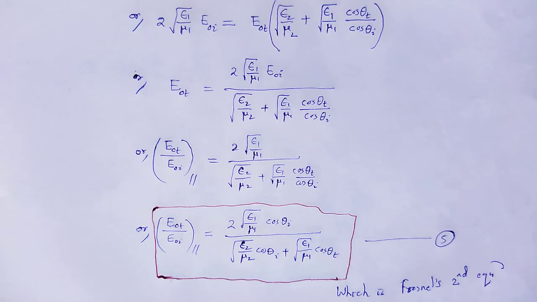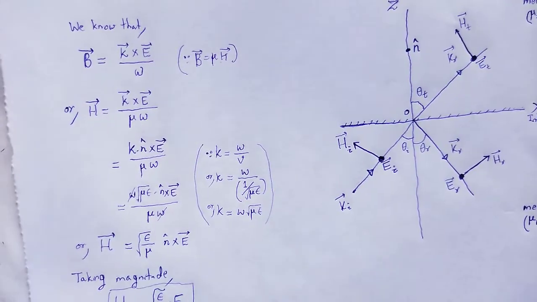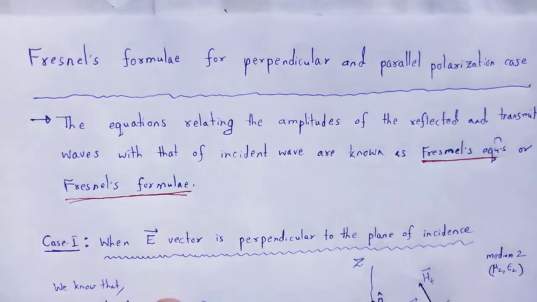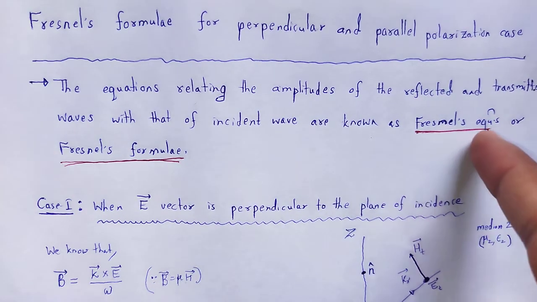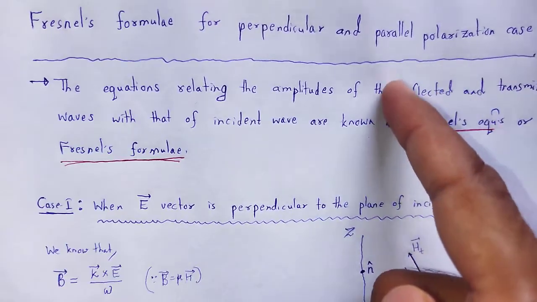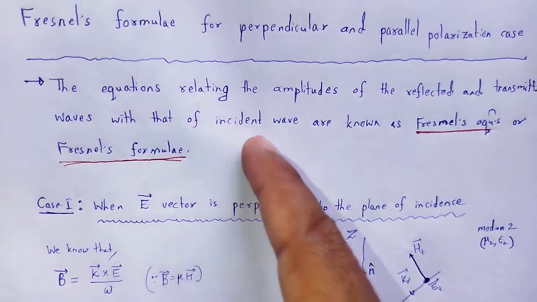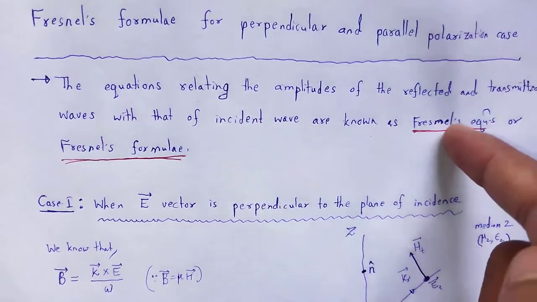So with the help of this video lecture, we understand the concept of Fresnel's formulae for perpendicular and parallel polarization cases. What are Fresnel's formulae? They have two equations. One is the amplitude of the reflected wave to that of the incident wave, and another is the amplitude of the transmitted wave to that of the incident wave.